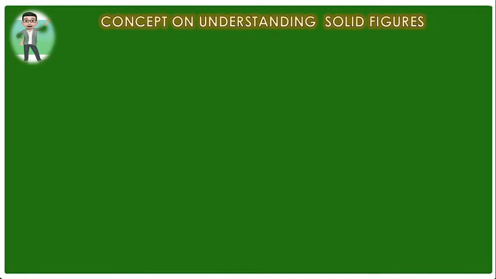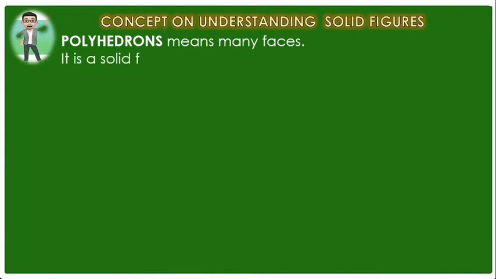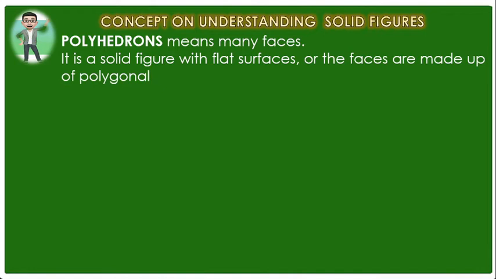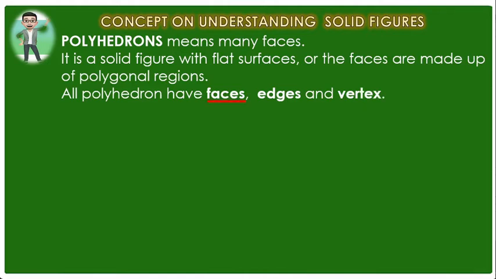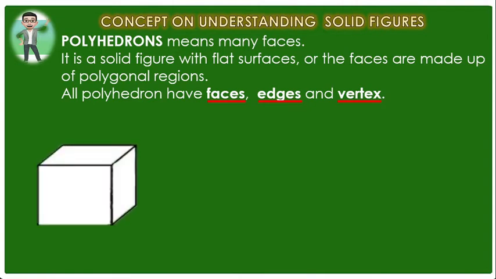Now, let's understand the concept of solid figures. Polyhedron means many faces. It is a solid figure with flat surfaces, or the faces are made up of polygonal regions. All polyhedrons have faces, edges, and vertices. Let us identify each. The first one is the face.